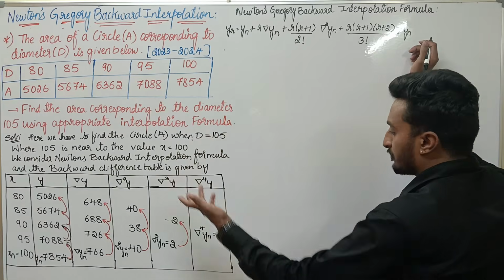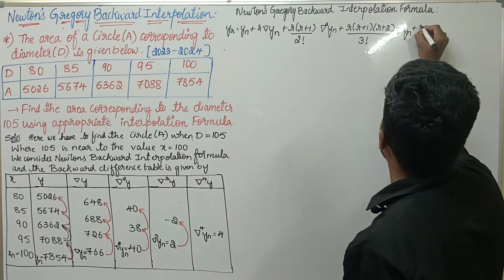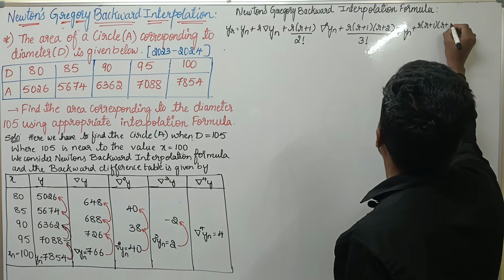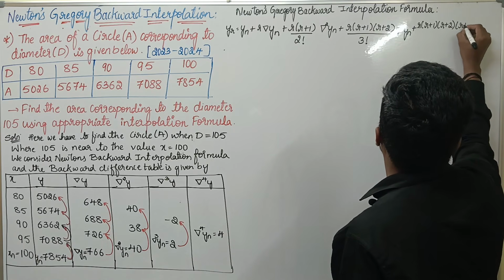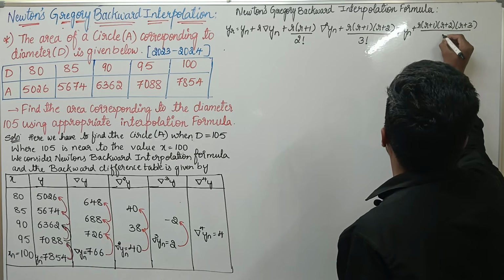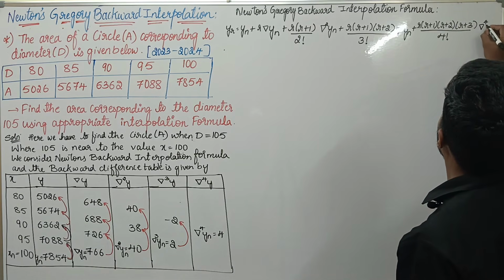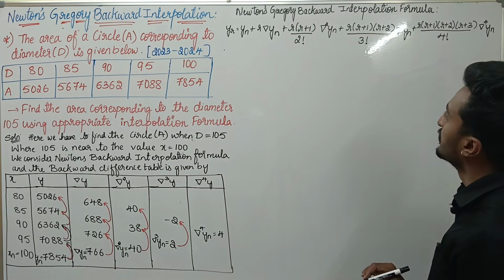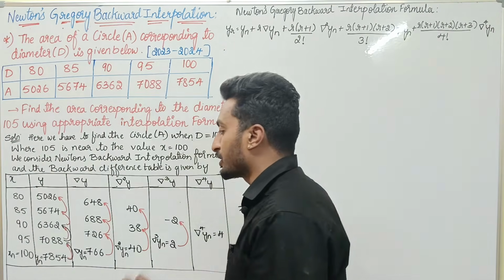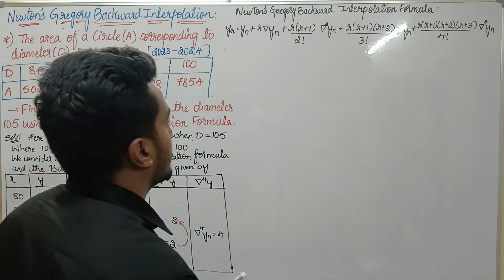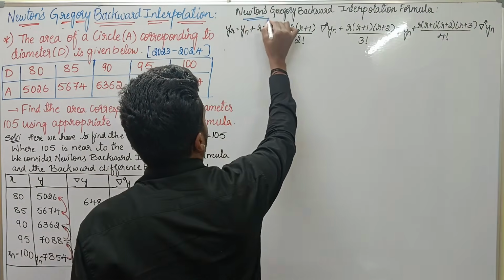Since we have backward 4 of yn, I need to represent that also, that is r into r plus 1 into r plus 2 into r plus 3 divided by 4 factorial into backward power 4 of yn. Yes, this is the standard formula required to simplify Newton's backward interpolation.